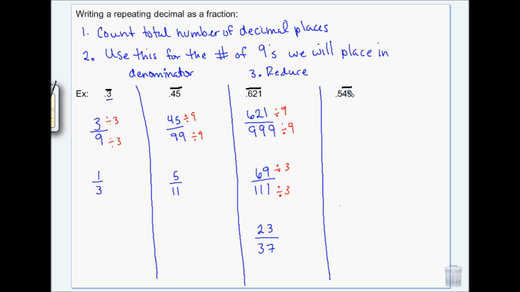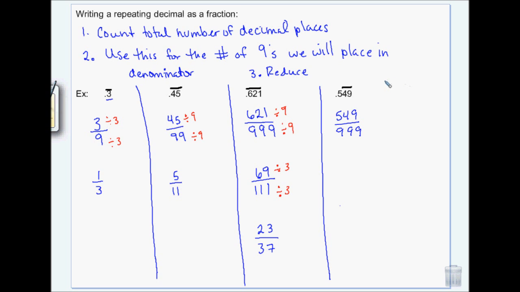Okay. Now don't let the fact that only 2 numbers are repeating mess you up. Yes, only 2 numbers are repeating, but I still have 3 decimal places. So I'm still going to do 3 9s. Even if only 1 number was repeating and I had 5 decimal places, I'm still going to do it over 5 9s.